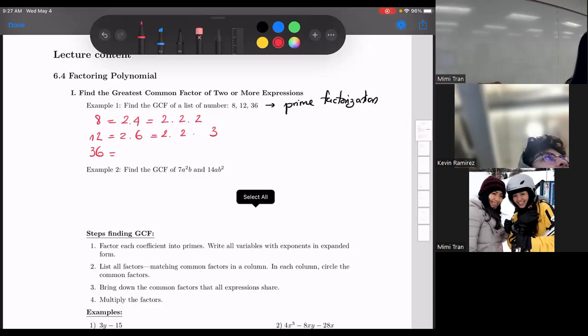Again, it's an even number, so you automatically divide it by 2. 36 divided by 2 is, you won't have it on top of your head, 18. Then you keep dissecting 18. 18 is an even number again, so 18 is 2 times 9, so 3 times 3.